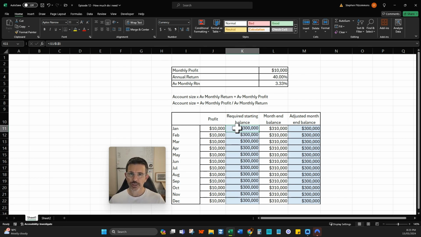So you start building up your knowledge around the reality of some of the numbers and how they work. And this is just a simple way of giving you a bit of a feel.